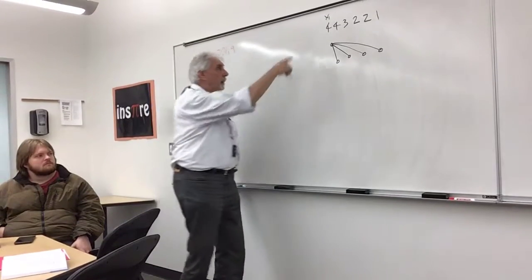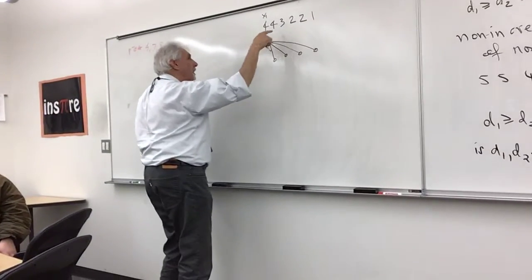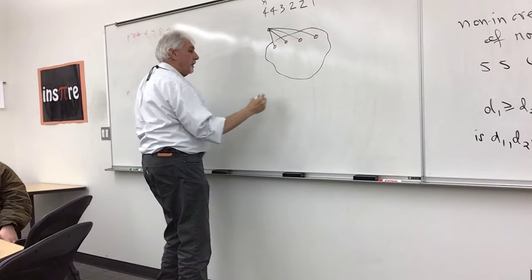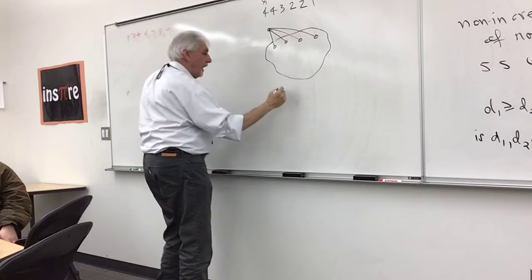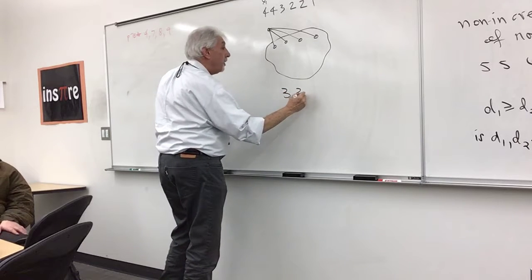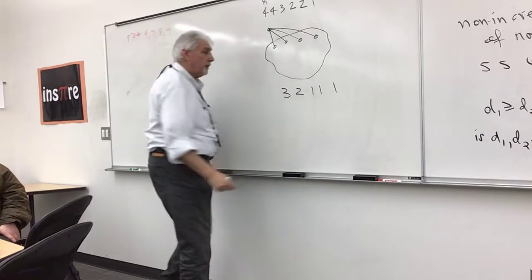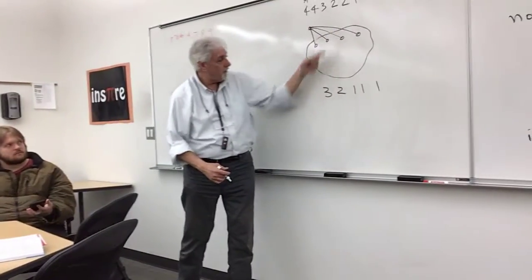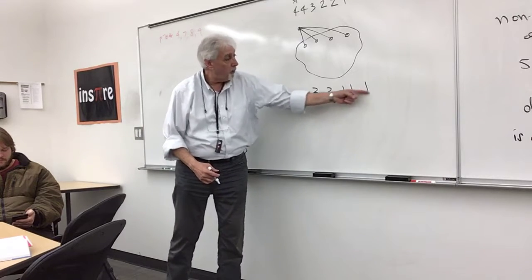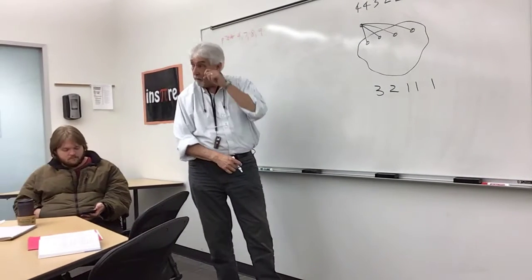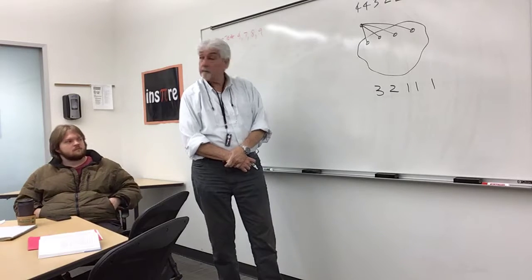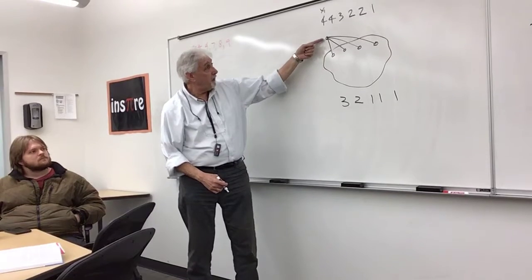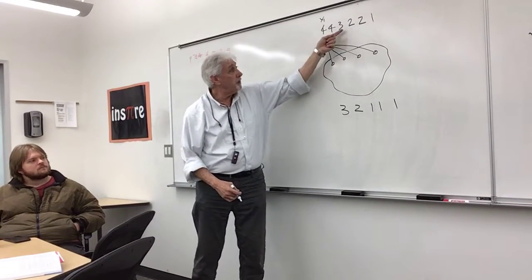Now, that means that if the degree 4 vertex is adjacent to those, then I'm going to look at this graph, which has degree sequence 3, 2, 1, 1, 1. Why does this graph have degree sequence 3, 2, 1, 1, 1? Because I've pulled this vertex off, and we think that it's adjacent to the vertices of highest degree.